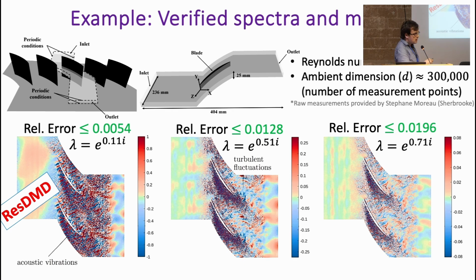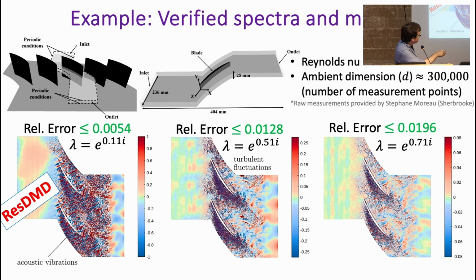This is a high Reynolds number flow. The ambient dimension is 300,000, corresponding to measurement points of the pressure field. We have a periodic cascade of airfoils, an inlet and an outlet here. And here I'm plotting Koopman modes, in this case using a nonlinear dictionary. I think it was with a Gaussian kernel, still working in a Hilbert space.